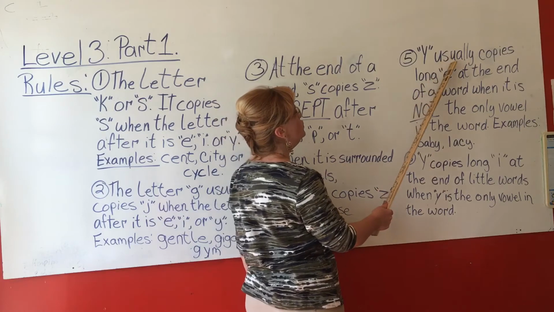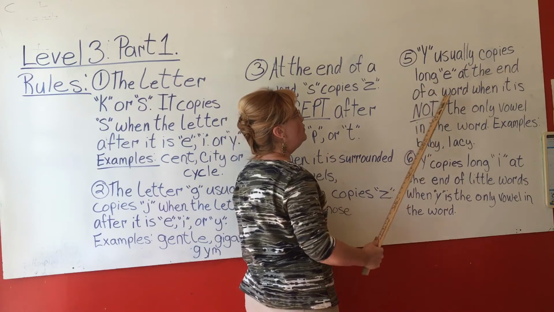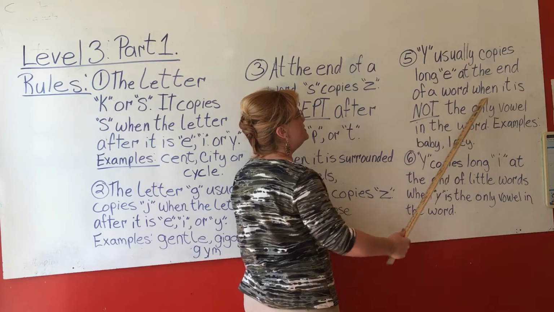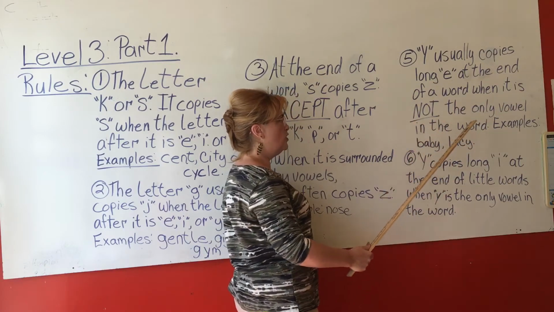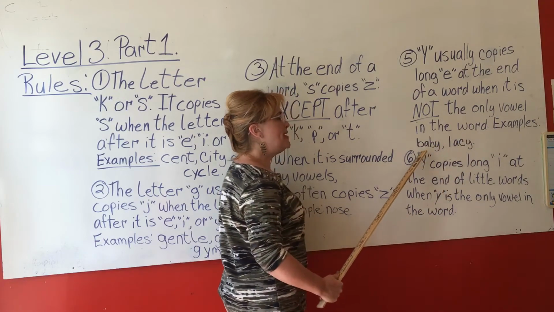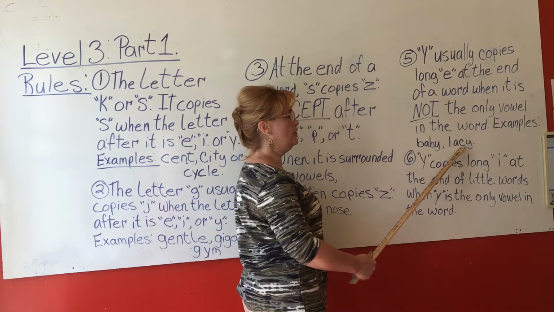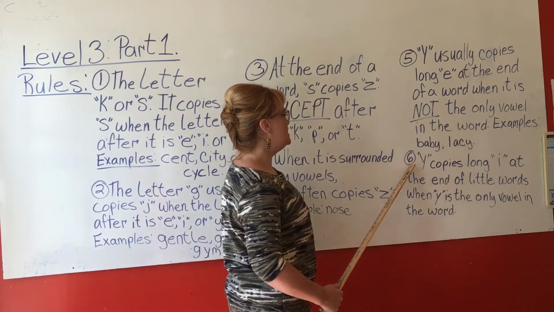Rule number 5. Y usually copies long E at the end of a word when it is not the only vowel in the word. Examples: baby, lacy. Okay? 6.